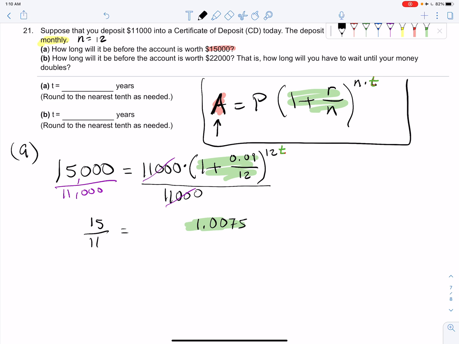So what do I have now? I've got 1.0075 raised to the 12t. Dang it, I got two green things. That's okay. I don't like all the green stuff there. Can you rewrite that?